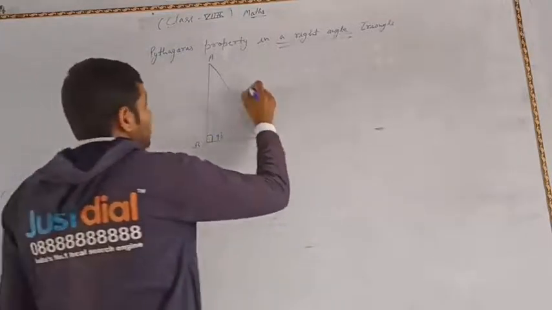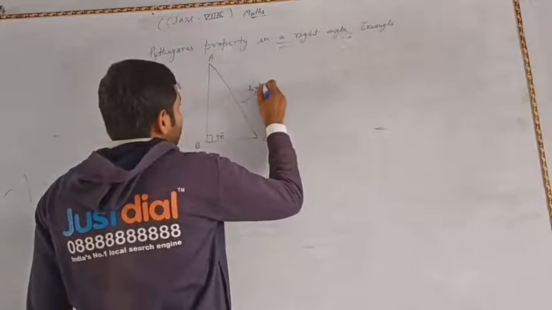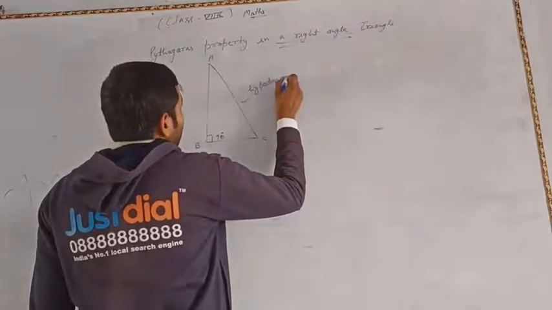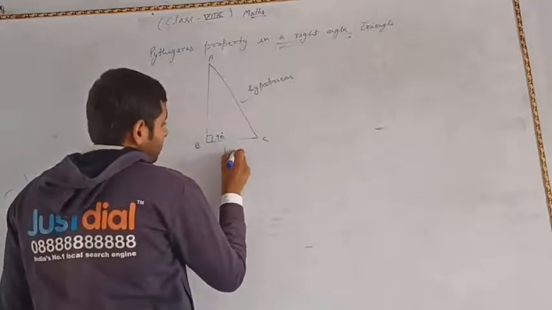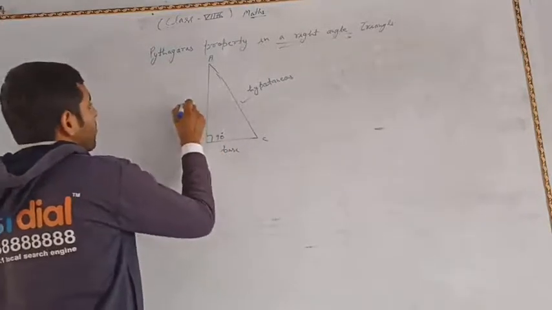This side is called the hypotenuse, this side is called the base, and this is called the perpendicular.